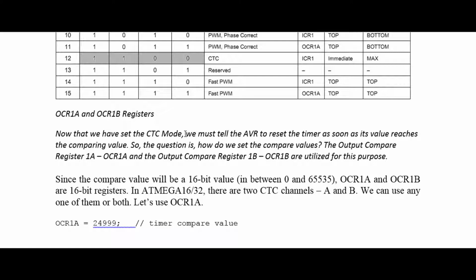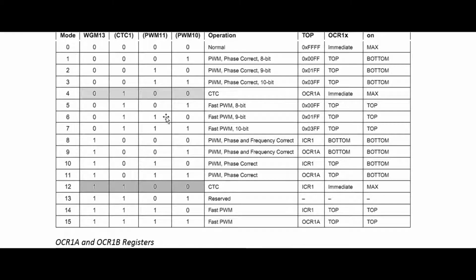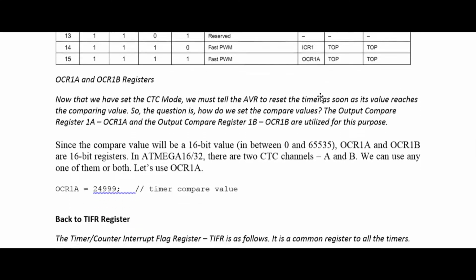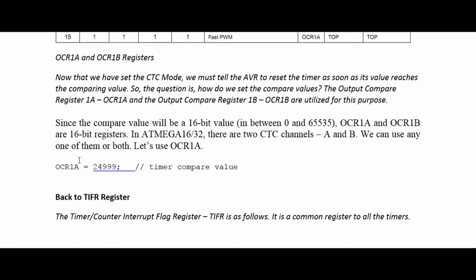In Atmega 32, there are two CTC channels, A and B. We can use any one of them, and we are going to use the OCR 1A channel. So we just put the required value in this variable: OCR 1A equal to this value, and that's all we need to do.